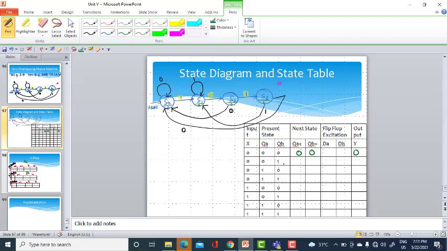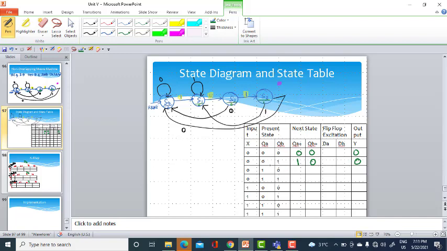Only when you are in 0 1 and receive 0, you will go to S2. S2 is 1 0.